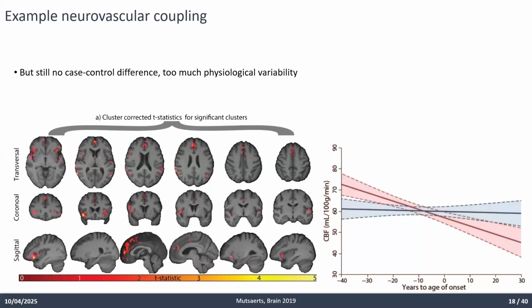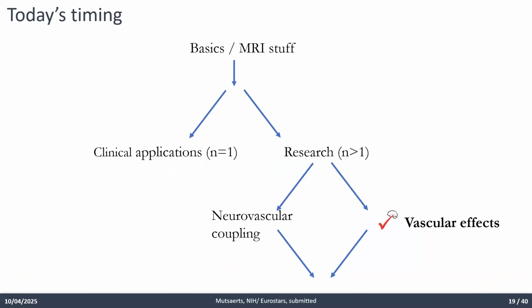And this happens in the signature regions where this disease hits, the frontotemporal region. So on a group level, you can actually do this research, but on the single subject level, there's too much physiological variability and also vascular changes to really see this in every patient.